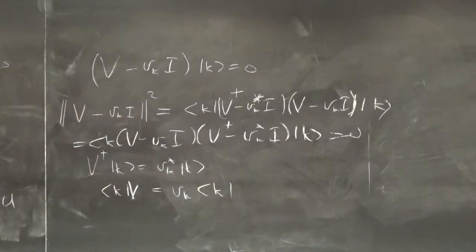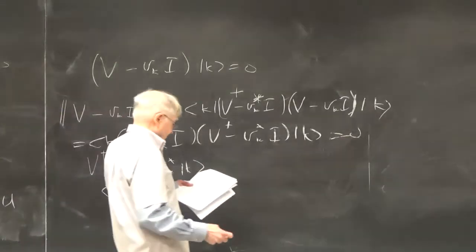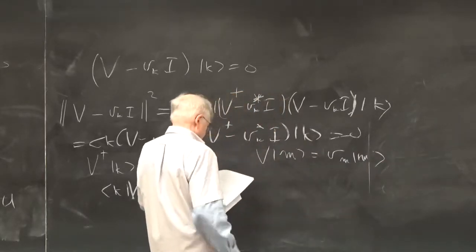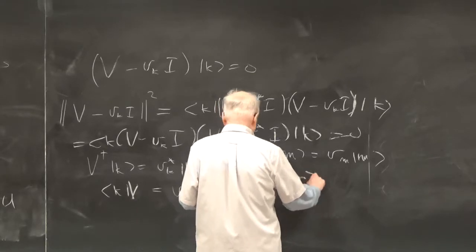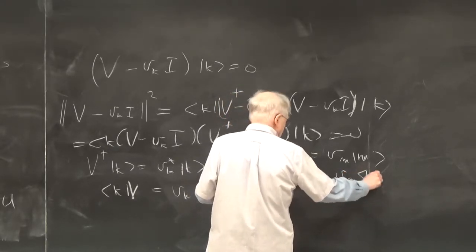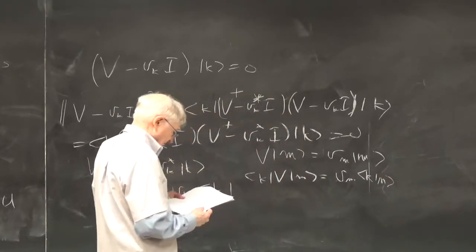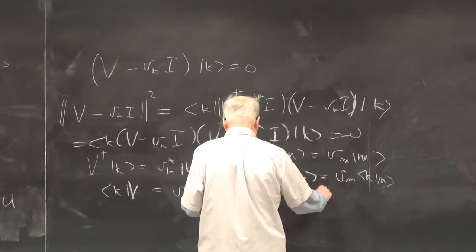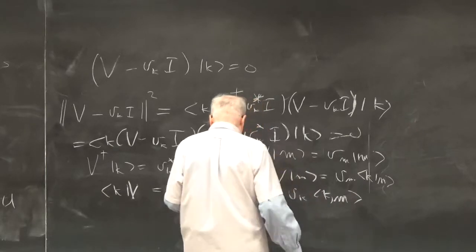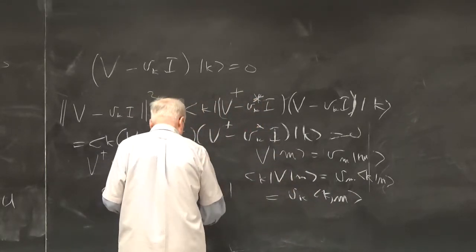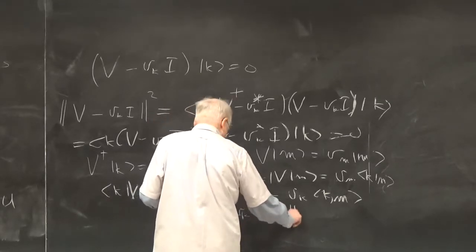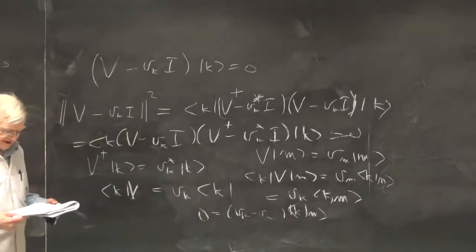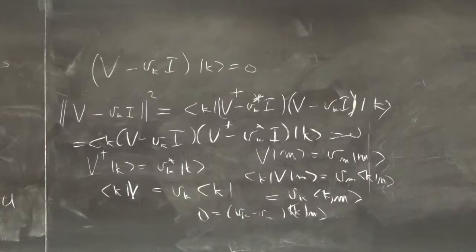And so if M is an eigenvector of V, then K V M is VM K M. And it's also true, using the other relation, that this is VK K M. And so subtracting, what we get is that 0 is equal to (VK minus VM) K M. So this shows you that two eigenvectors of a normal matrix with different eigenvalues are orthogonal.